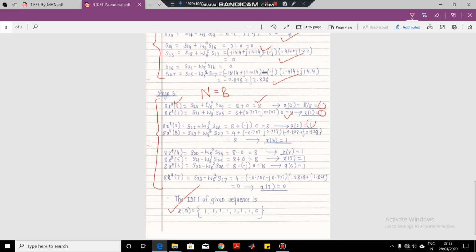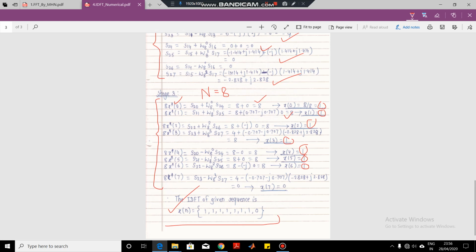But you can see here we are getting all real numbers. There is no imaginary part. So even if you take the complex conjugate, your answer will be the same. So in this way we can write the IDFT in a simple manner. Whatever output we had got, we divided by N, and then whatever sample value we get, we have to take the complex conjugate of that.